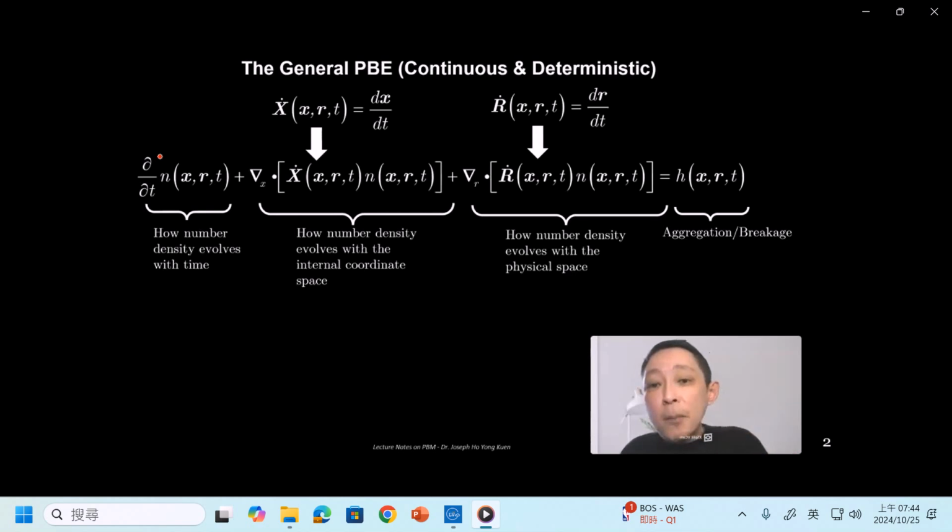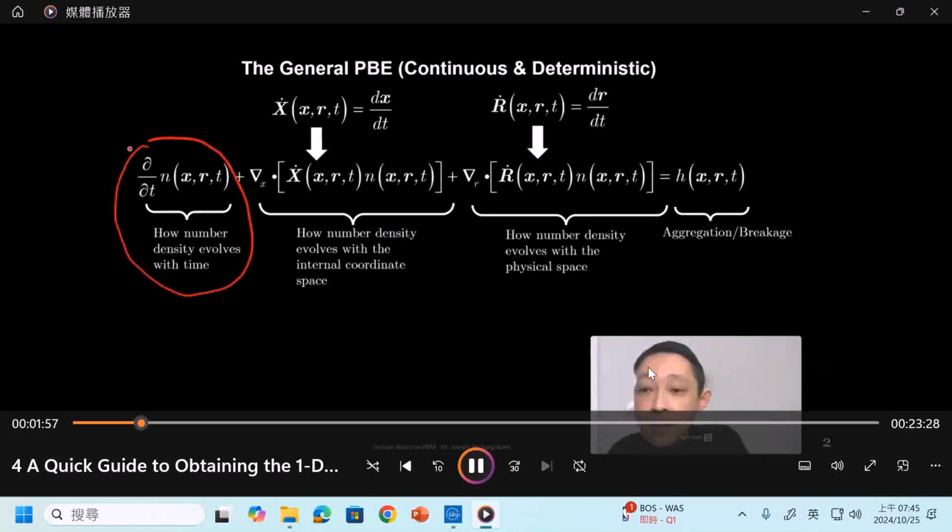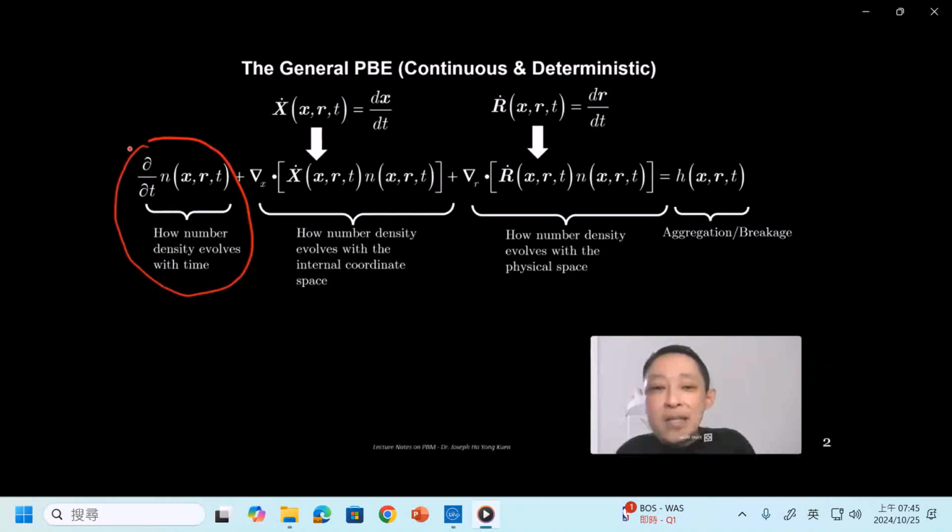So the general population balance equation is shown here, right? This is what we looked at in the past video. There are a few primary terms in the population balance equation. The first term tells us how the number density evolves with time, so you have the partial derivative of the number density with respect to time. The second term tells us how the number density evolves with the internal coordinate space.